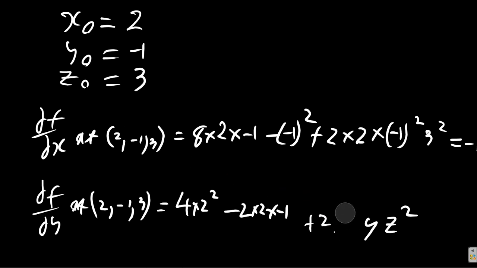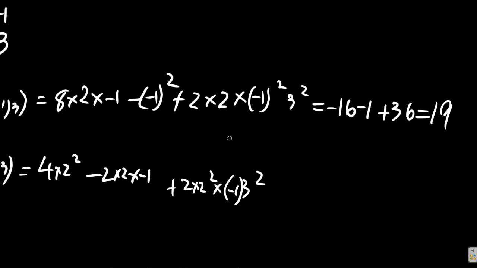X is 2, so it's 2 times 2 squared times y. What is y again? Y is -1 times -1 times z squared. Z is 3, so it's times 3 squared.